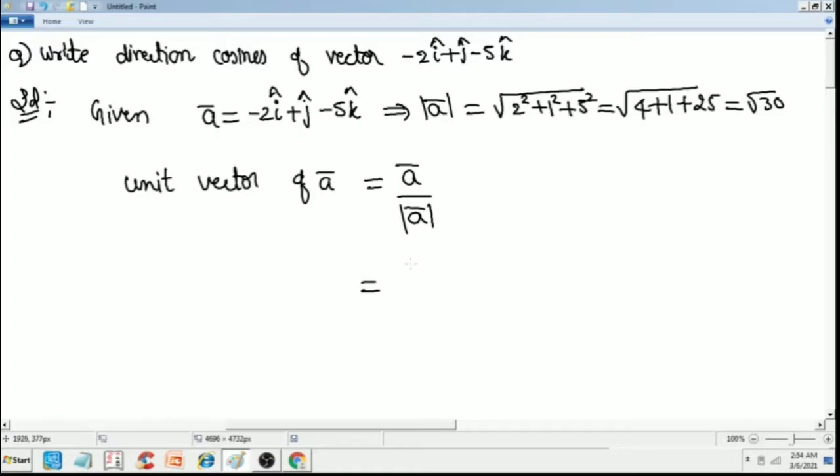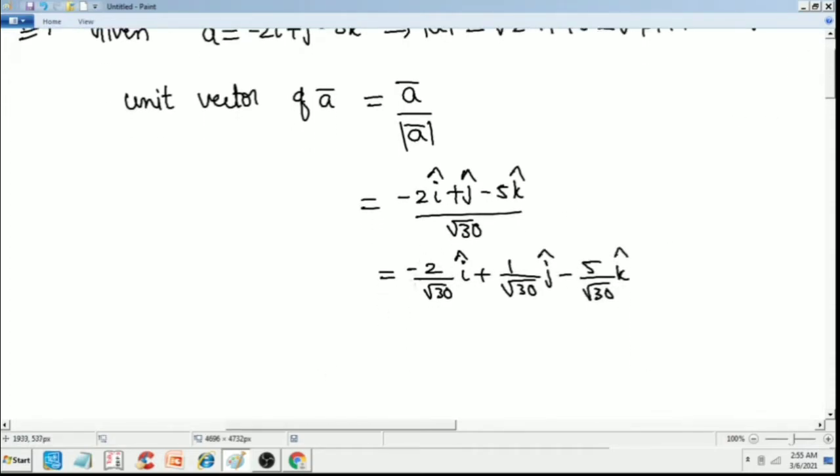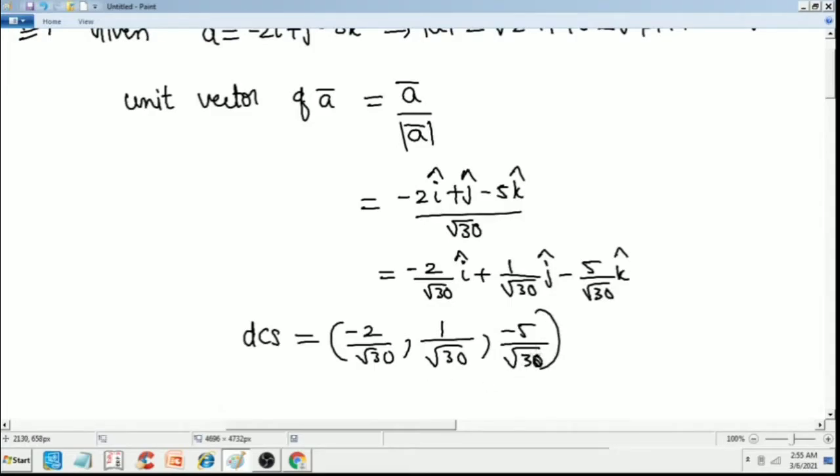Hence we can say the unit vector is minus 2i plus j minus 5k by the modulus root 30: minus 2 by root 30 i plus 1 by root 30 j minus 5 by root 30 k. And these are the DCs, direction cosines: minus 2 by root 30, 1 by root 30, minus 5 by root 30. That's all. This is the solution.